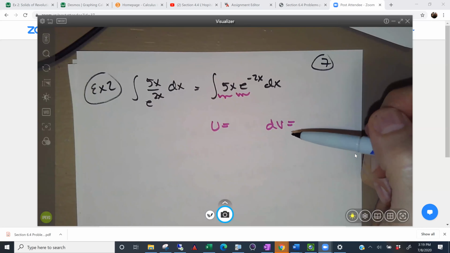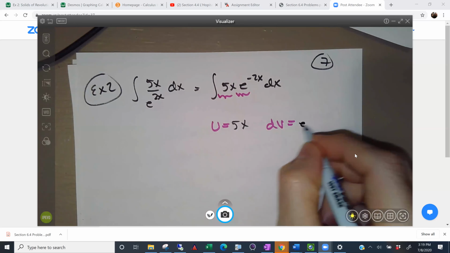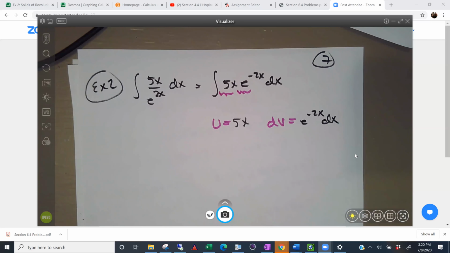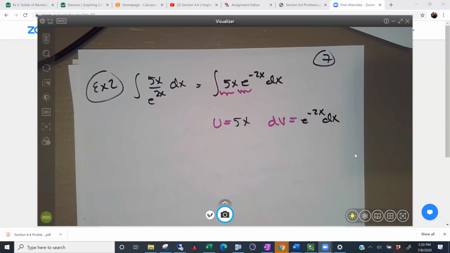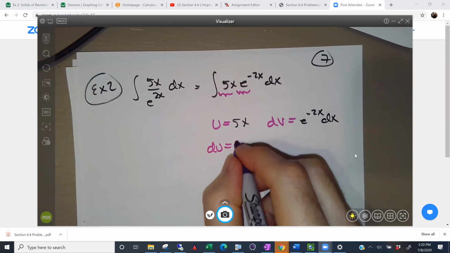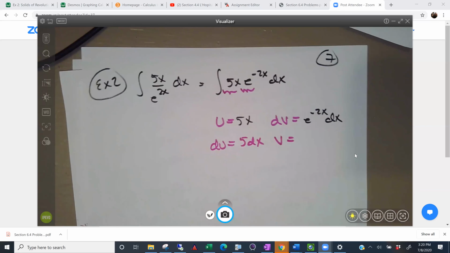Let's look at both of these and ask yourselves, of the two of them, which one's going to get simpler when you differentiate it? 5x, yeah. And then the rest of this would be e to the negative 2x dx. But 5x is a good choice for u because that means du is going to be 5 dx. And v is something that you can integrate.